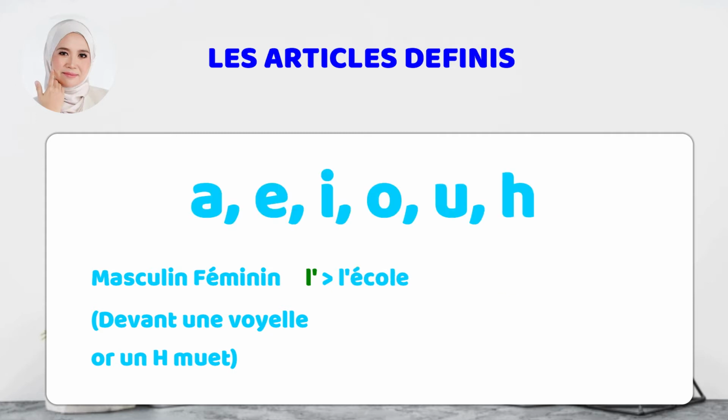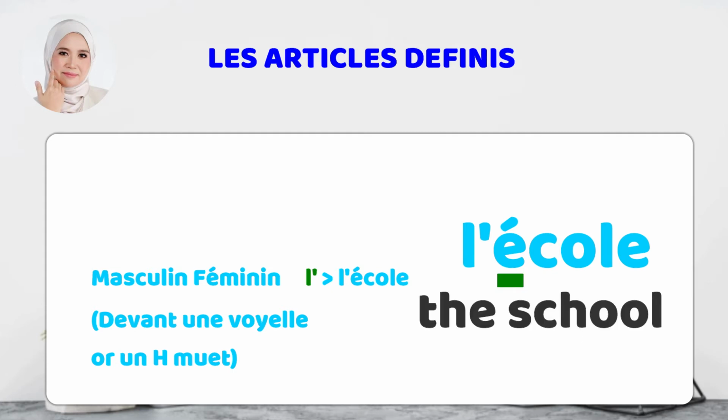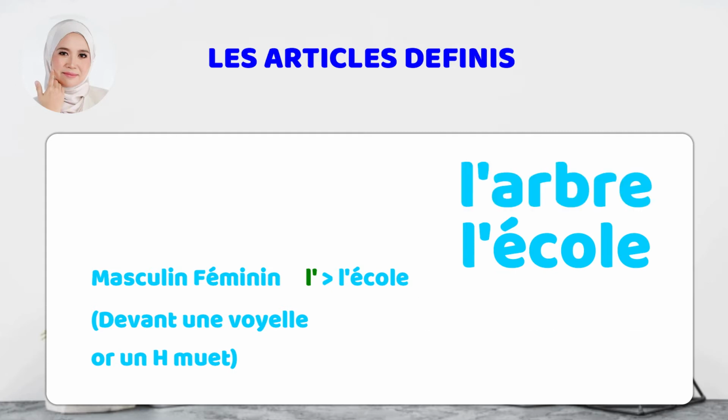Another example is l'école for "the school." Here, the spelling of the word école starts with a vowel E, so you have to put l' for l'école. But, by the way, it doesn't mean that l'arbre and l'école are neither masculine nor feminine.